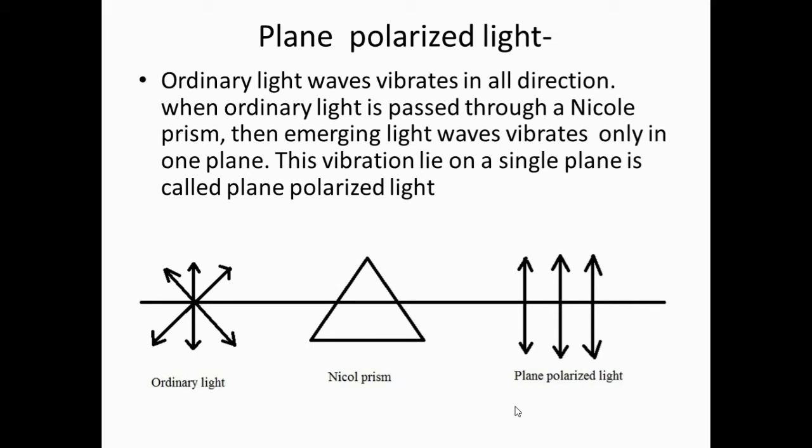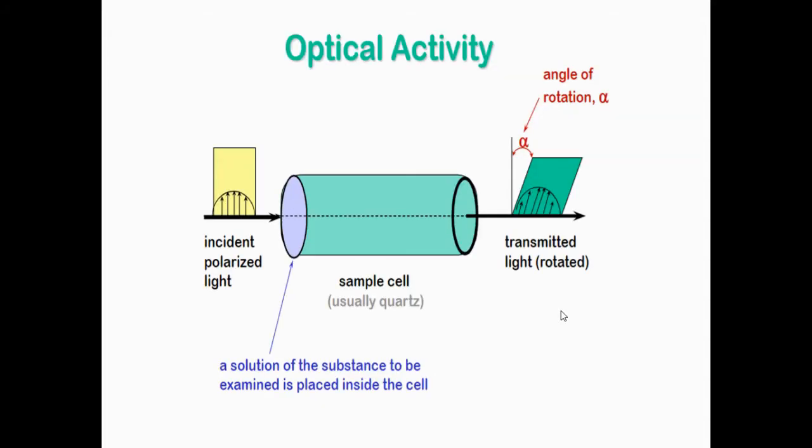This vibration lying on a single plane is called plane polarized light. Here you can see that the plane of the plane polarized light lies on this plane.